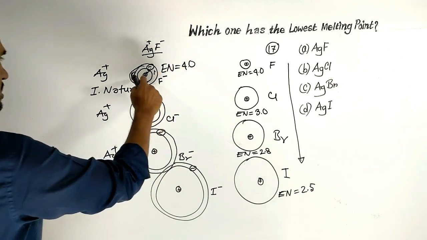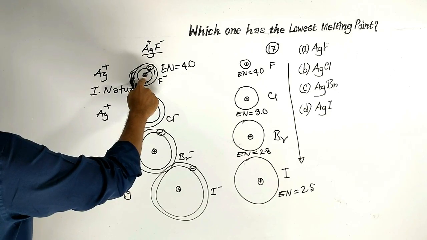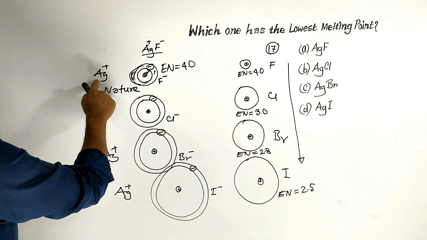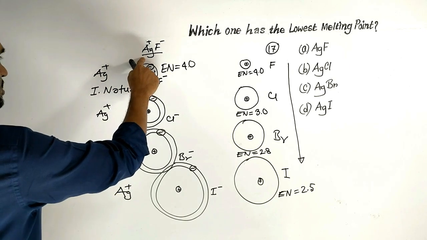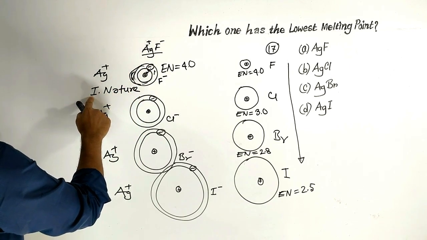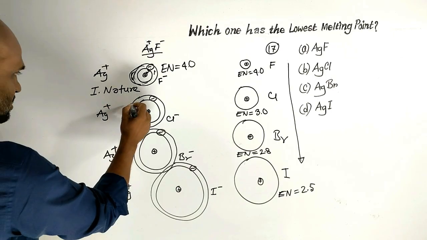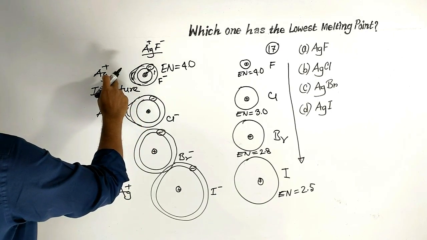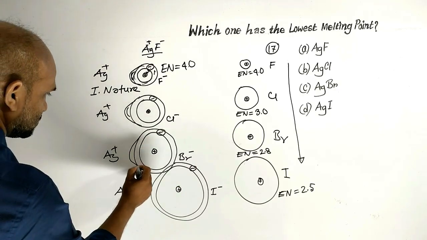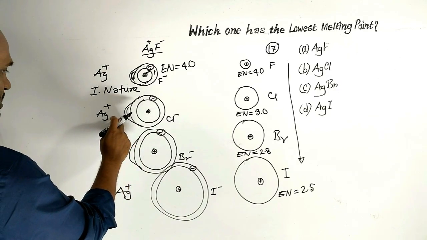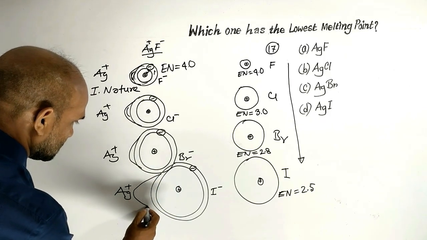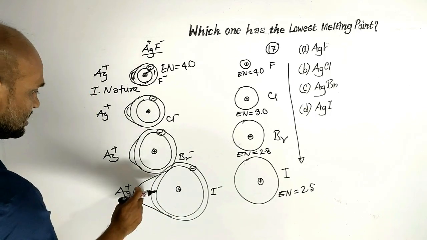That is why the fluoride ion is polarized the least by the silver ion, and for this reason silver fluoride retains its ionic nature. Then silver chloride is polarized a bit higher than silver fluoride, silver bromide more than silver chloride, and in the case of silver iodide it is polarized the highest.